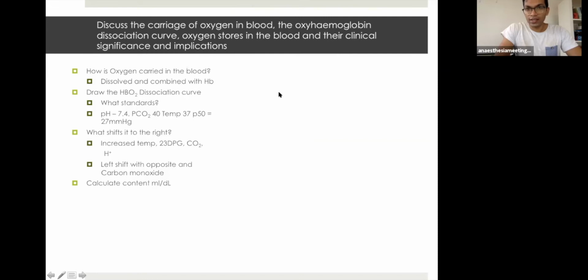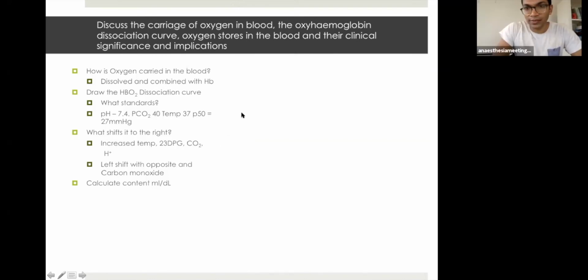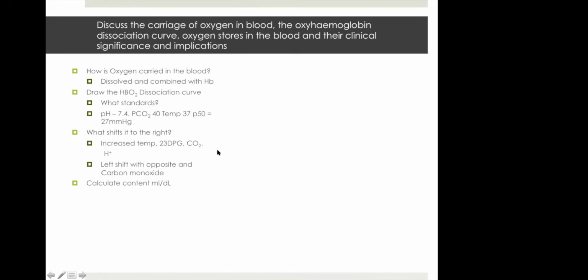Let's. Are you able to write on this by any chance? Actually, you can tell me what you're saying. I'm just going to write it down. Okay. So the way I look at it was that the oxygen content equation has two parts. It's got the part that is dissolved, which is the small part.